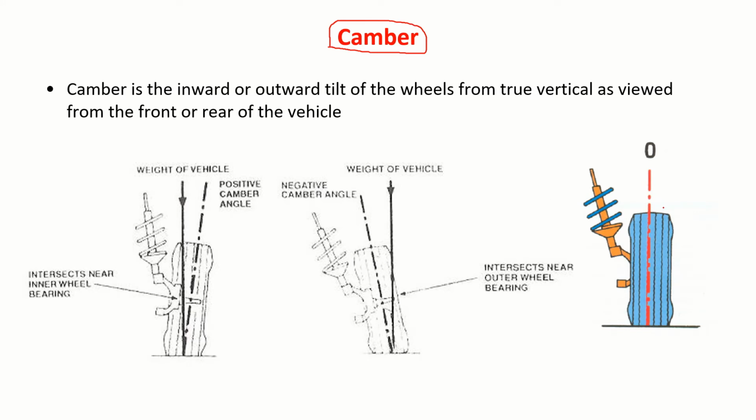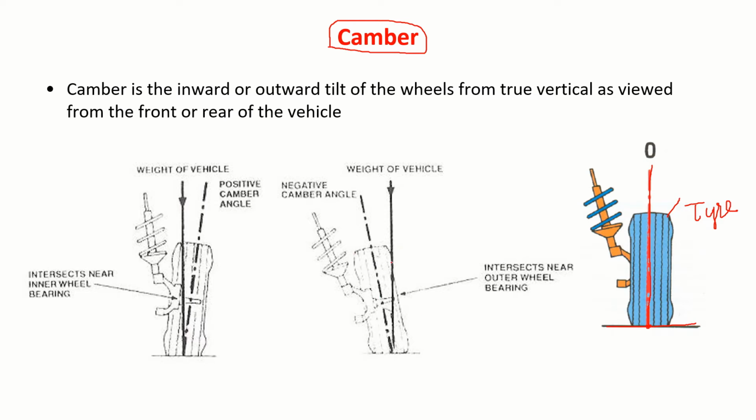What is camber? Look here, let me put the tire straight, that is, perpendicular to the ground. Take the midpoint of this tire, which is in contact with the ground. From there, let me draw a vertical line, and also draw the center line of the tire. That center line and vertical line are just coinciding here.